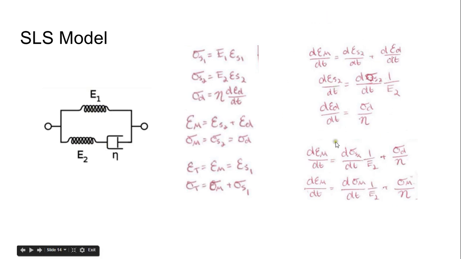So we see what the stress and the strain is in the Maxwell side, and then we combine the two together. Now we say that the strain between both of them is the same, and the stress is a combination. This is because we're talking about both of them together, so that's a parallel system, so we sum them together.